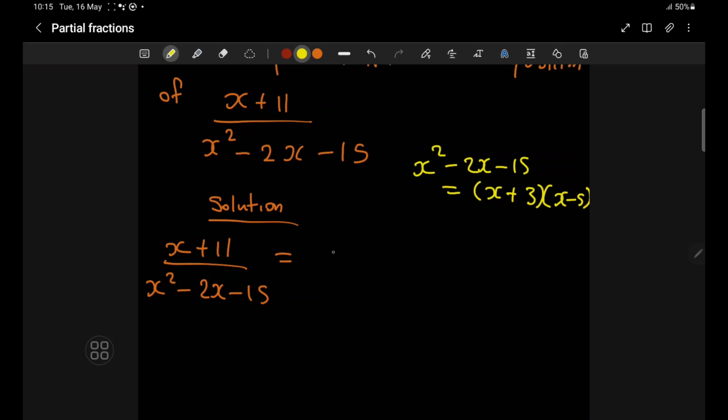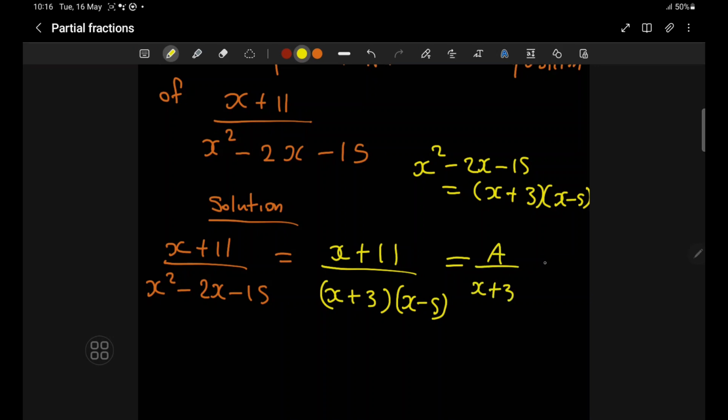Then we write this expression as x plus 11 over x plus 3 and x minus 5. Now this is a non-repeated linear factor. There is no part of the denominator that is repeating. So our decomposition will be straightforward: a over x plus 3 and b over x minus 5.